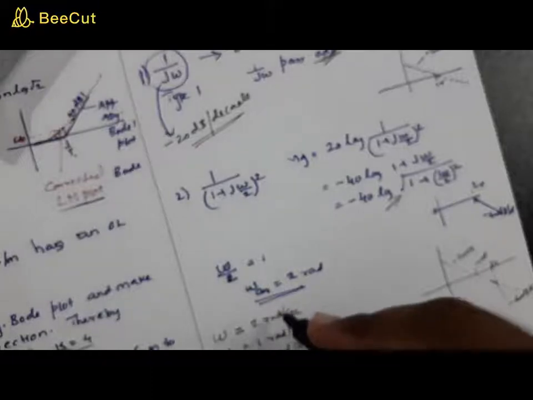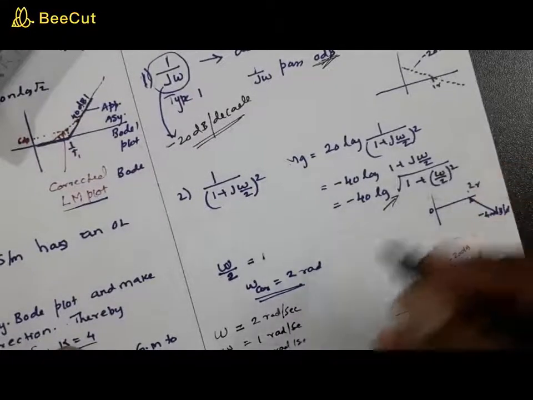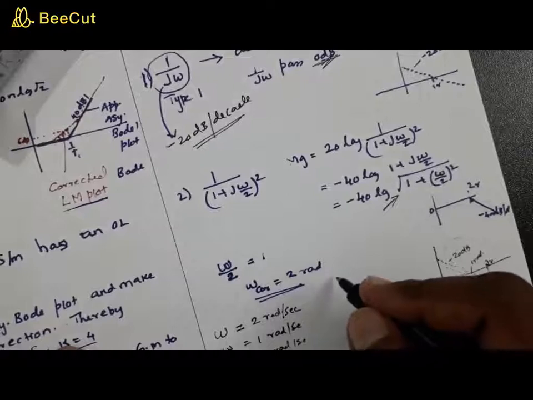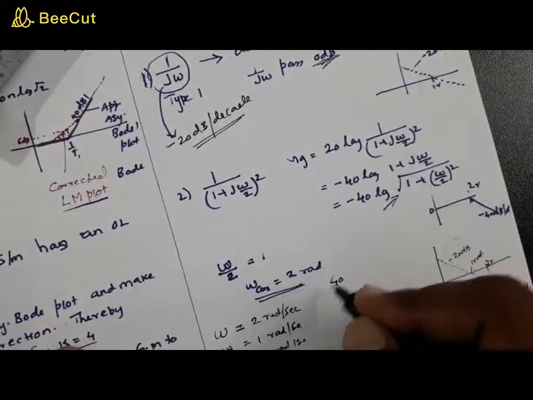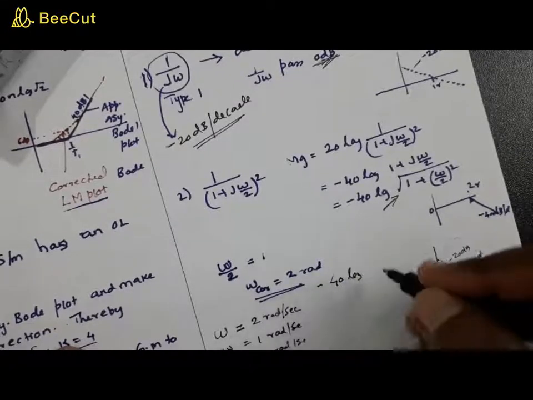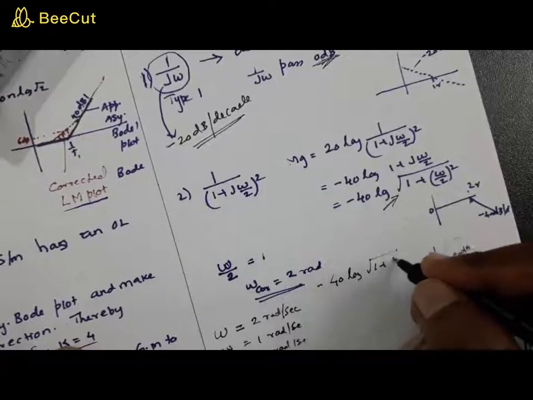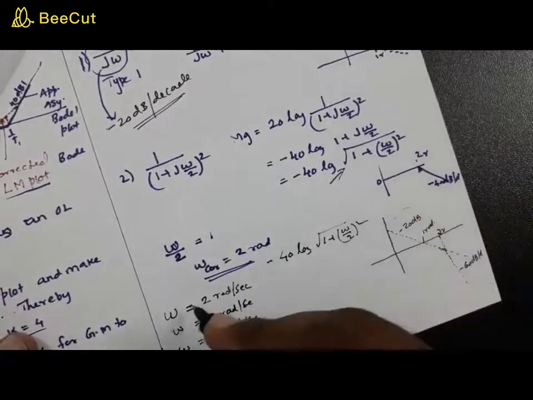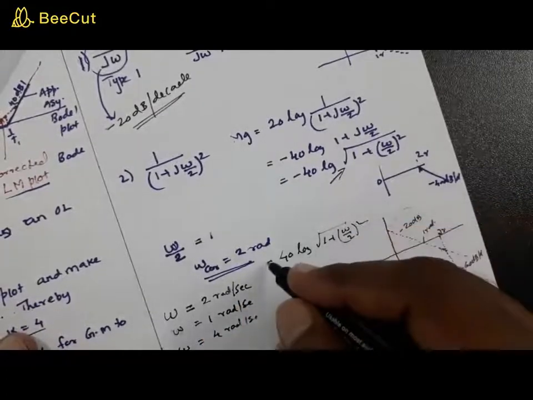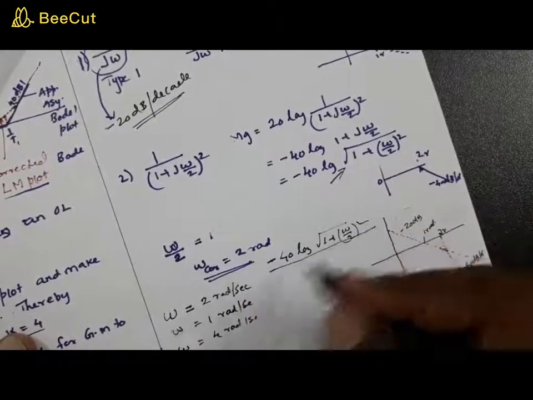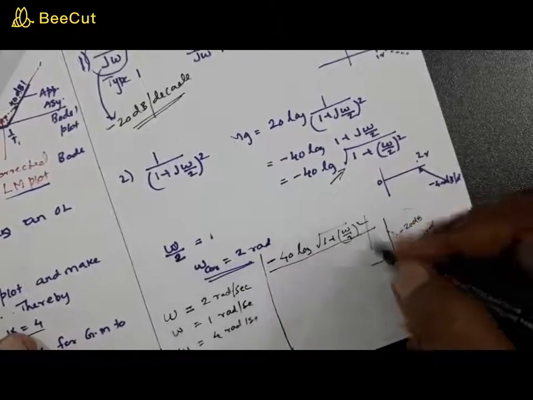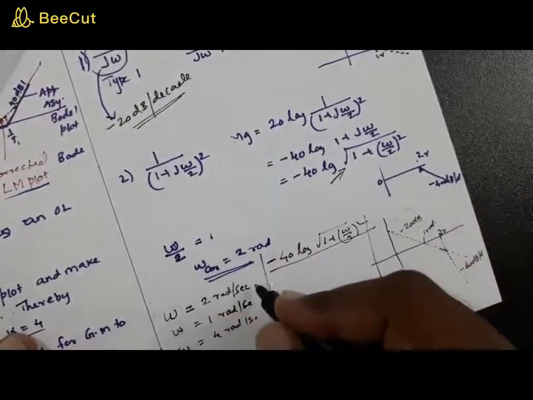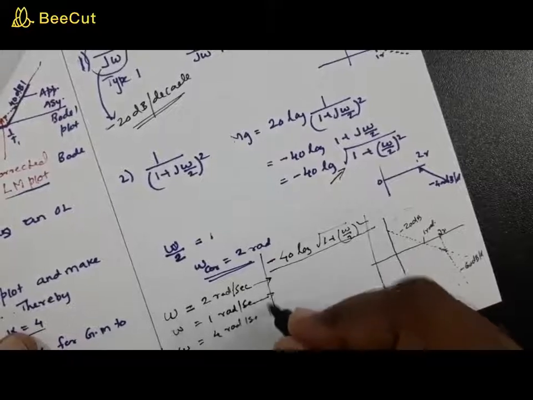That is half and double of this corner frequency. I am going to substitute in this equation, 1 plus omega by 2 the whole squared. Omega is substituted here, so you are going to get the values.